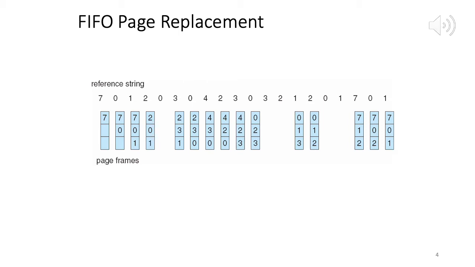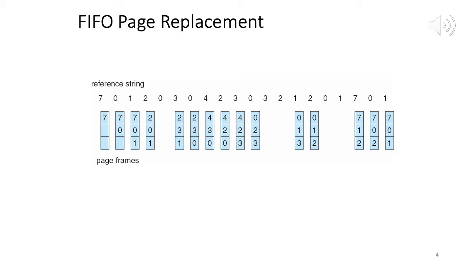Now we need to do a page replacement, because all the available frames, of which we have 3, have been allocated to pages. So we have to evict a page. Which one do we evict? The choices are 7, 0 and 1. We evict the oldest one, which is page 7. So 7 goes out, 2 comes in.